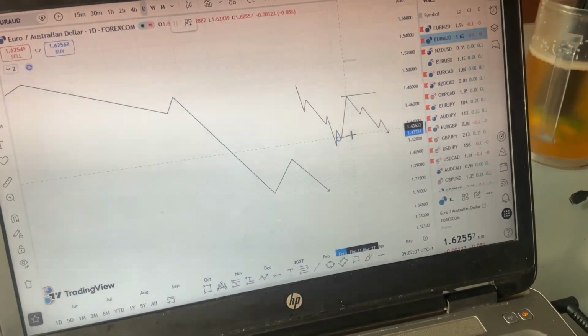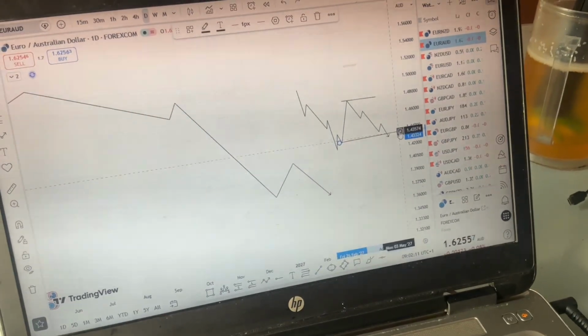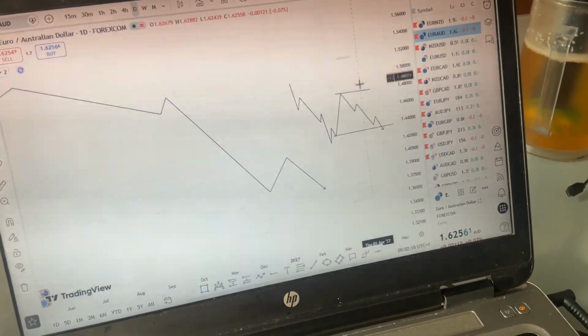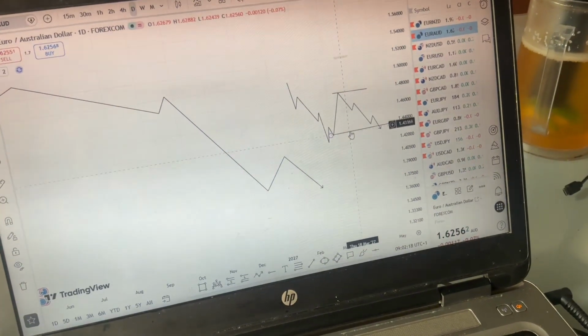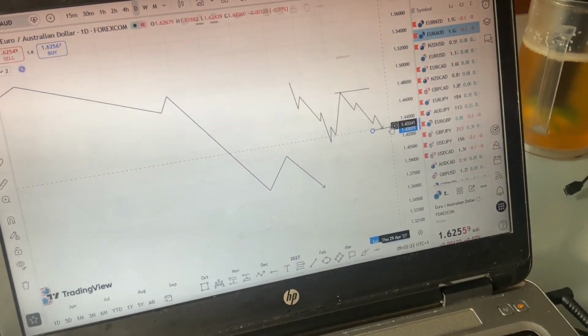We've shifted below the higher low, shifting this market from bullish to bearish. Now this is the new lower low, and this is the new lower high.